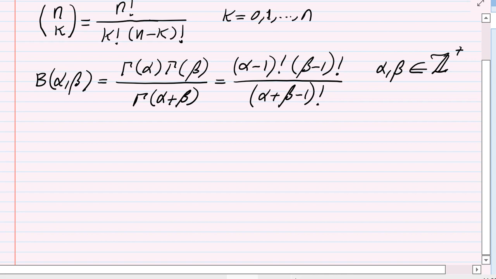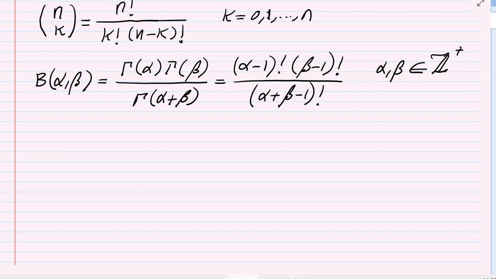Okay, now we want to evaluate this for certain combinations of n, k, because that's what our binomial coefficient involves.